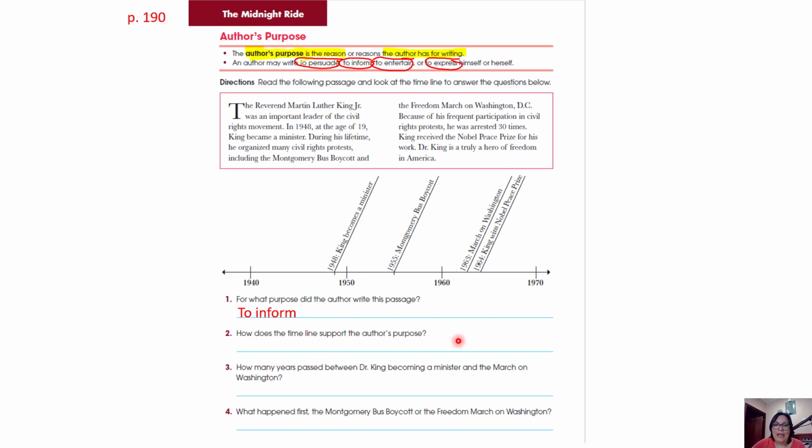So, how is this timeline helping the purpose of the author? It shows the important events in Martin Luther King's life. By showing the important events, the timeline is helping the author's purpose, that is to inform you about the life of this person, Luther King Jr.